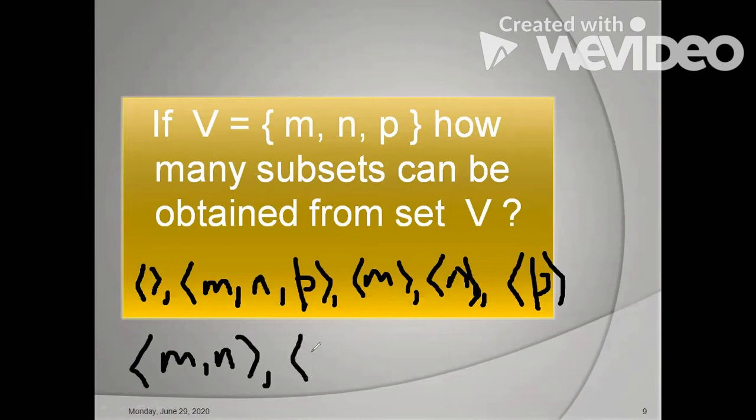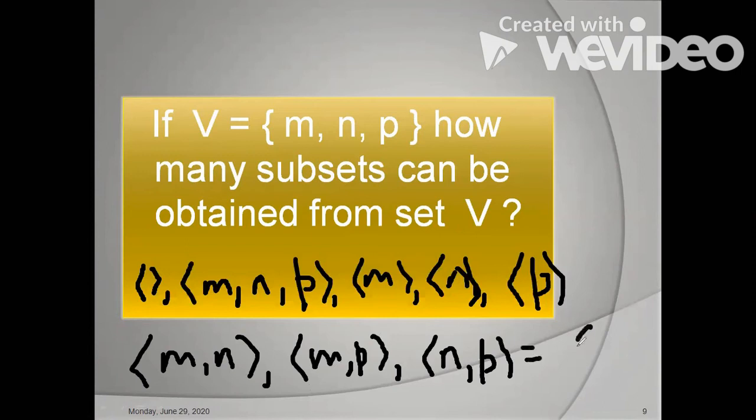You can take MP, member of parliament. No? We can take NP. So what's the total? Total subset is what? 8. So the answer is 8.